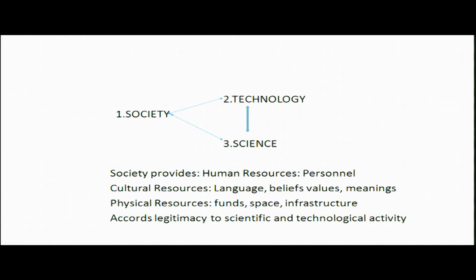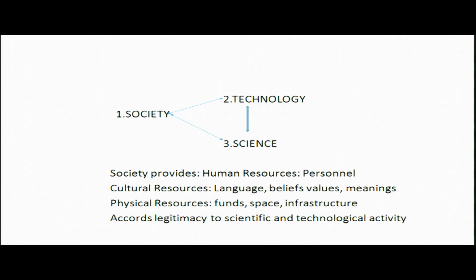Now, let us see how society, technology and science are related. Society is a precondition for any kind of scientific or technological activities, because society provides human resources like personnel, cultural resources like language, beliefs, values and meanings, and physical resources like funds, space, infrastructure and public support.